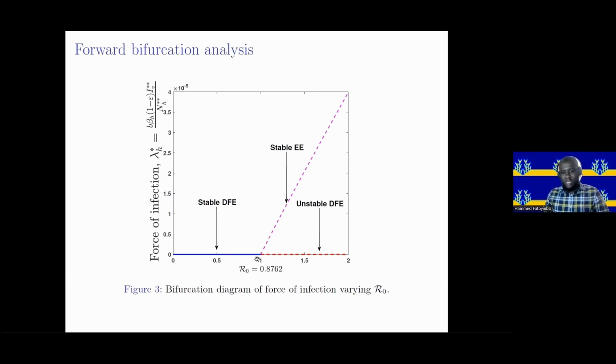So if our R0 is greater than 1, we have our endemic equilibrium, which is stable, and for R0 less than 1, the disease-free equilibrium is stable.